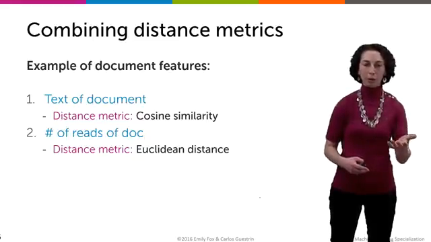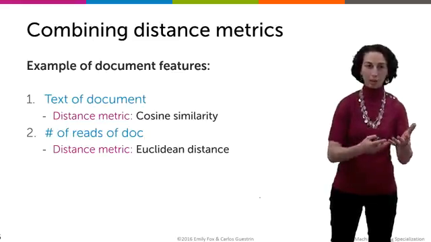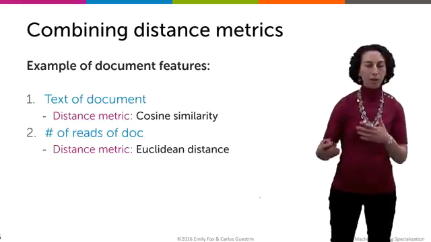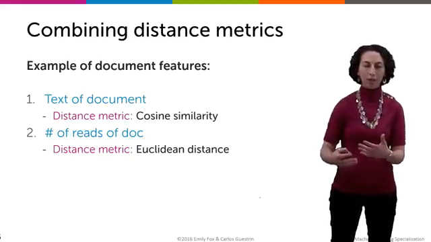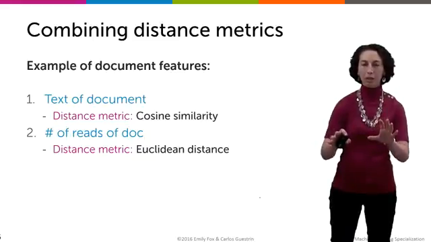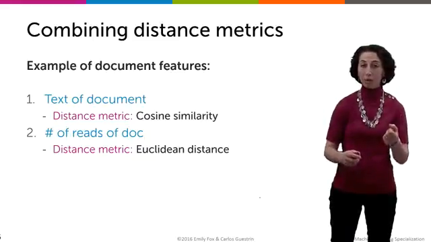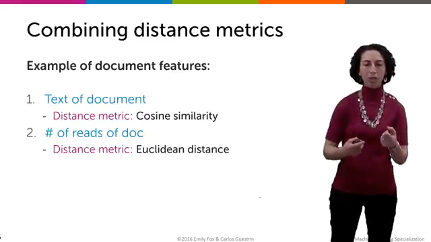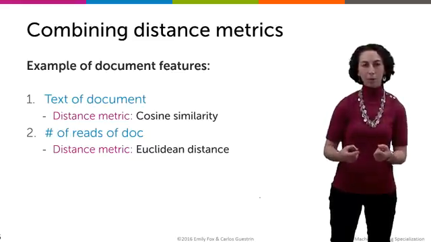So some numerical quantity, something that's inherently numerical. So in this case, maybe we would use cosine similarity for comparing text of the document where we want this invariance to the scale or the length of the documents. But for the counts, we definitely want the counts in their raw form, no normalization of that. And so for that, maybe we would use just Euclidean distance.